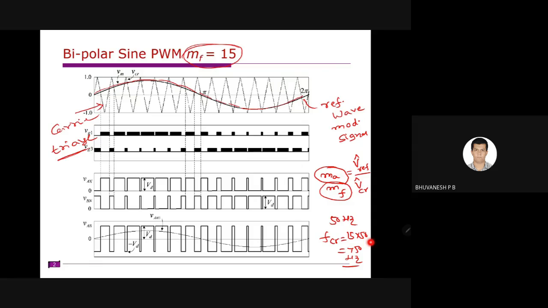In this case, if you notice, the carrier signals are varying from +1 to -1. But the modulating signal is not touching 1, right? It's somewhere maybe at 0.8 or 0.9, so MA is maybe around 0.8 or 0.9.